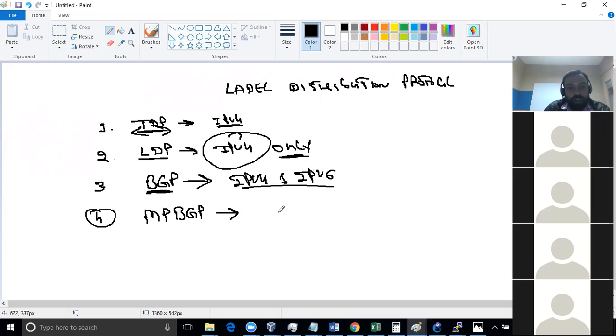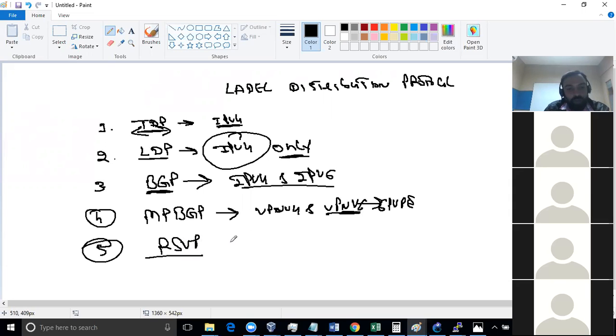This is designed to attach labels for VPN version 4 and VPN version 6. This technology is also known as 6VPE. Next variation of the label distribution is RSVP, Resource Reservation Protocol. This is designed to attach labels for application MPLS traffic engineering.